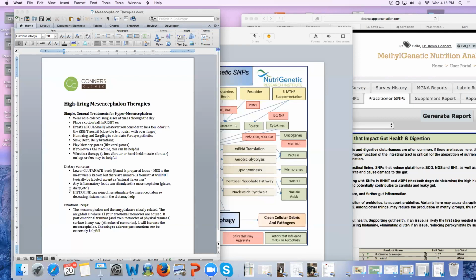Any inflammatory foods can stimulate the mesencephalon, like gluten, dairy, and also histamine. Emotional help is really important, because the amygdala and the mesencephalon are very closely related. Your amygdala is where you house all your emotional memories.